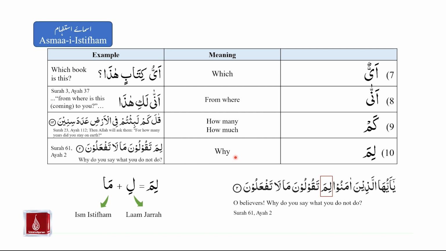An example of the use of lima can be found in the Holy Quran in Surah number 61, ayah number 2. Ya ayyuhallazina amanu lima taquluna ma la taf'alun. O believers, why do you say what you do not do? The meaning of why comes from lima.